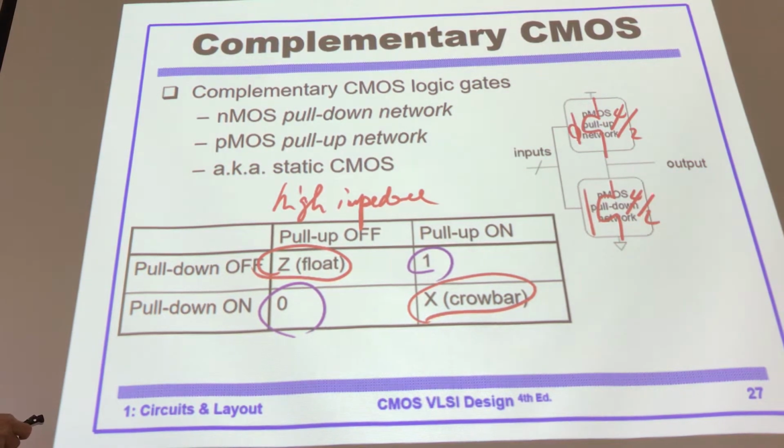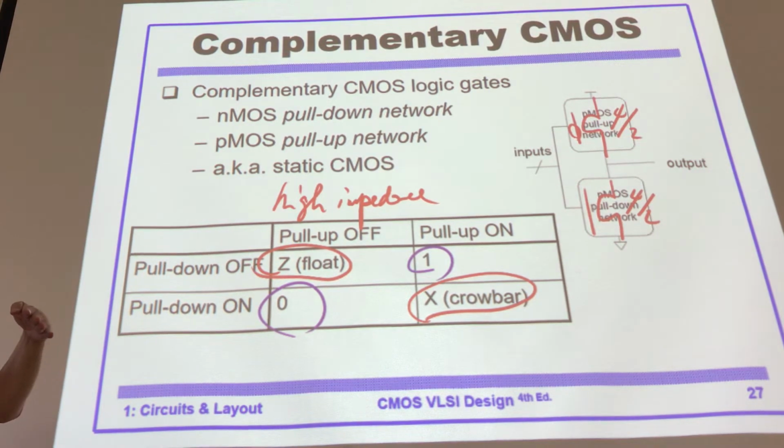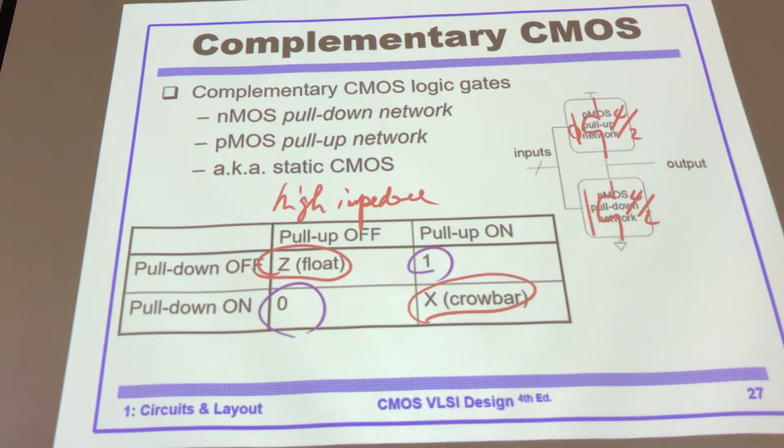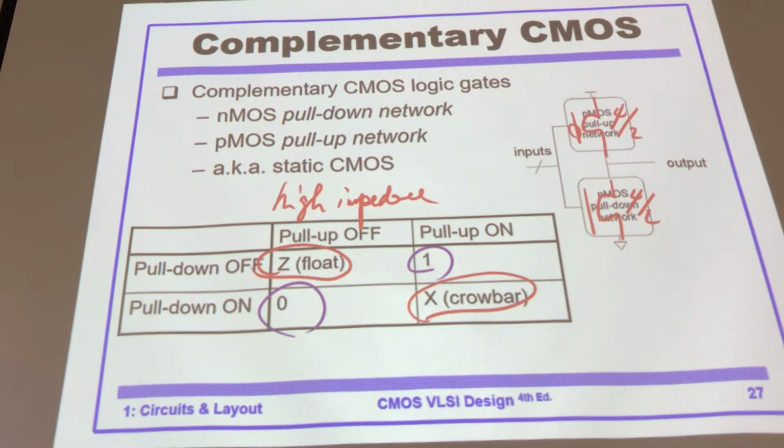In this case, it is more conductive to the ground. So the output voltage is going to be below the middle value, more oriented toward the 0 signal. But anyway, you should not make that happen. If you have that case, it's a wrong circuit design.